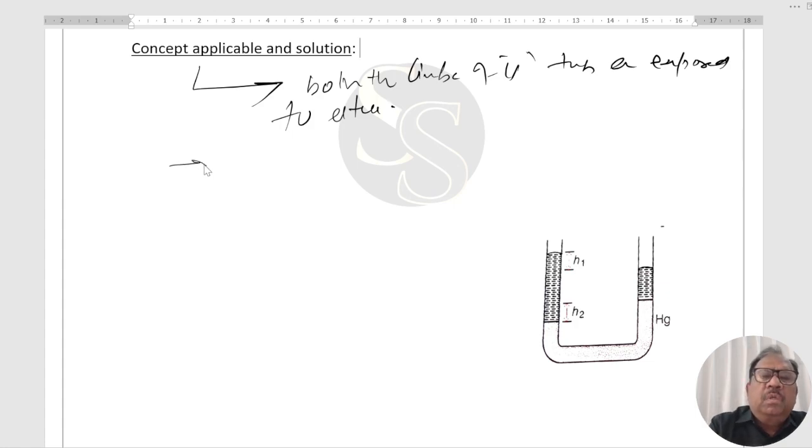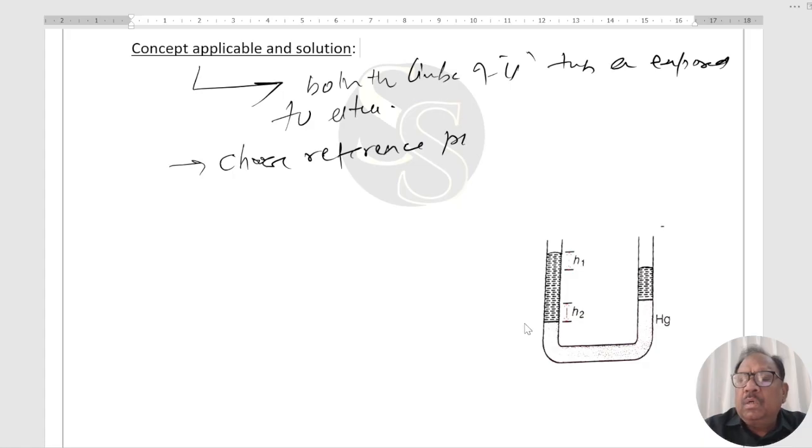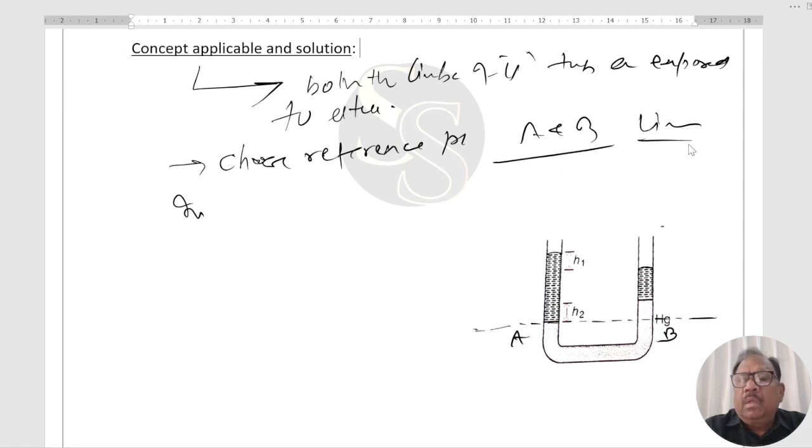And choose a reference point. This is the reference point. This is A, this is B. Then in equilibrium, choose the reference points A and B. The line is the AB line.